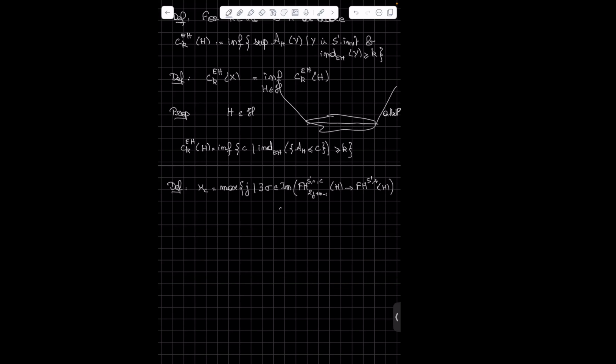But there's one more condition: such that the U map, which decreases the degree by 2, U^j of sigma, is non-zero. So we know that at the end, the symplectic homology is in degree n plus 1, n plus 3, n plus 5, n plus 7, and so on.